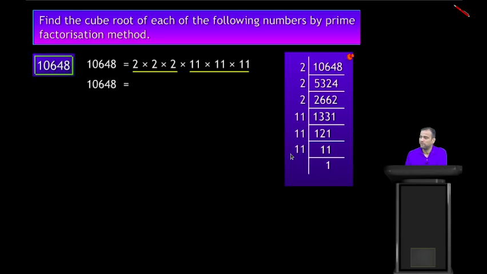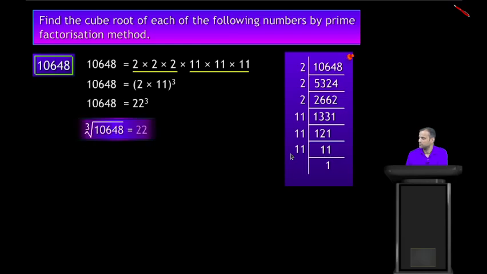From each group we will pick one number, 2 from this and 11 from this. Then the answer is, yes, 2 into 11 is 22. So it is 22 cube. So the cube root of 10648 is 22.